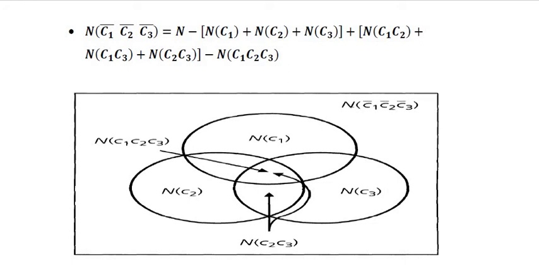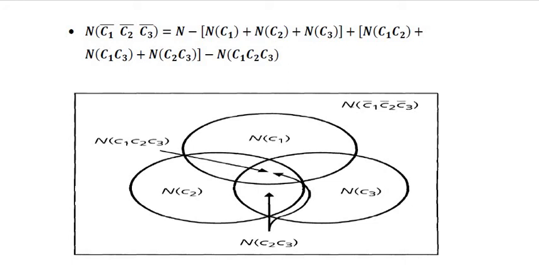Again, for all i, j belonging to the set 1, 2, etc. up to t, where i is not equal to j, n of Ci Cj will denote the number of elements in S which satisfy both the conditions Ci and Cj.